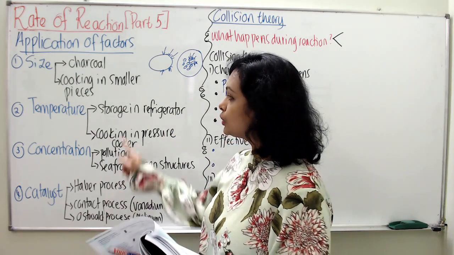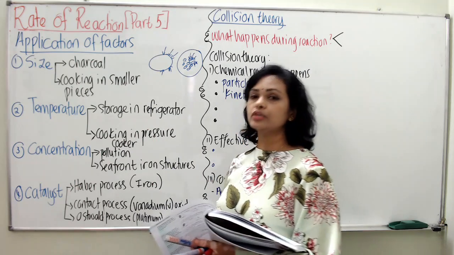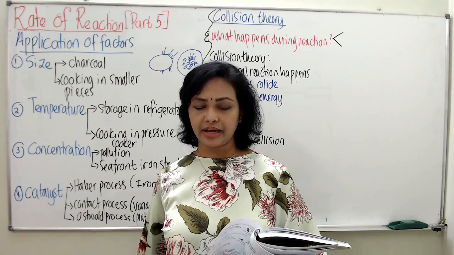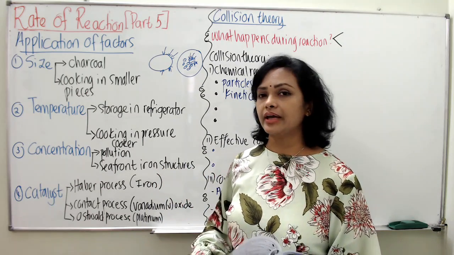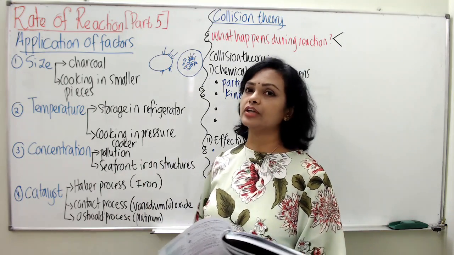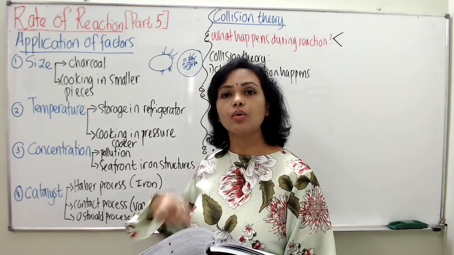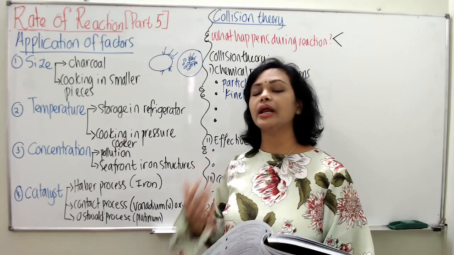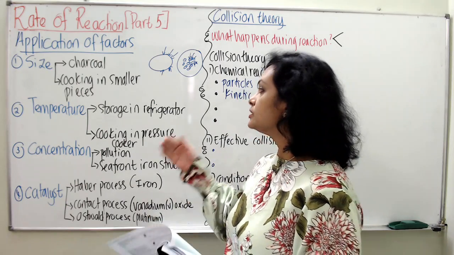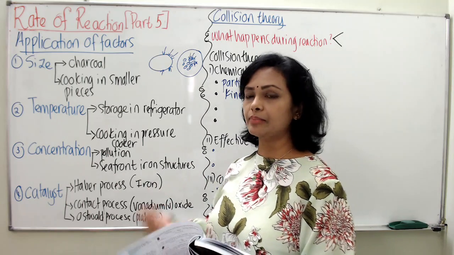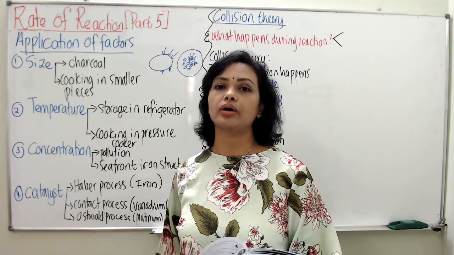Now let's go to number 2, temperature. Okay, so we know that the higher the temperature, the higher the kinetic energy. So when the kinetic energy increases, the rate of reaction also increases. Now, how can we apply temperature in our everyday life? When you put food inside a refrigerator, you are not killing the microorganisms.